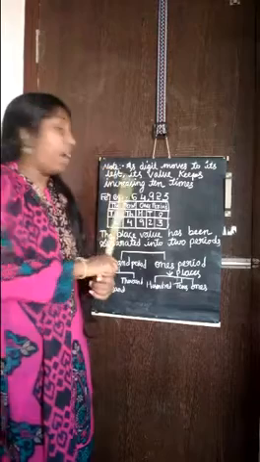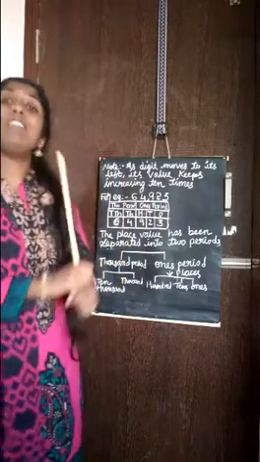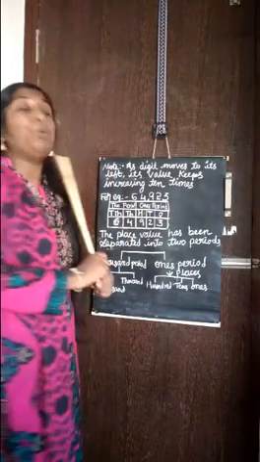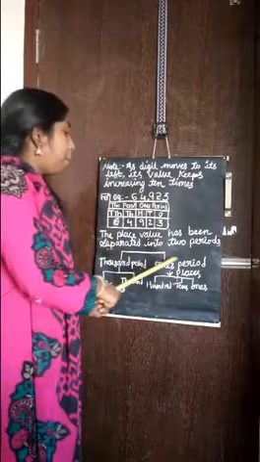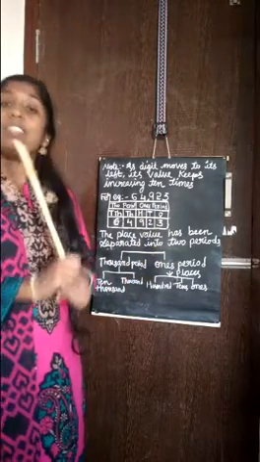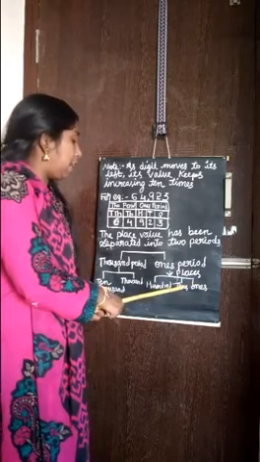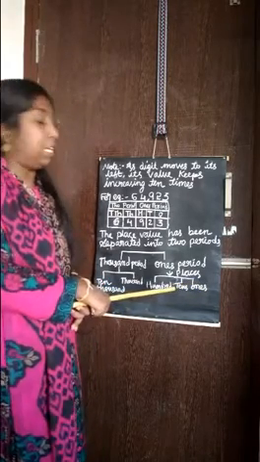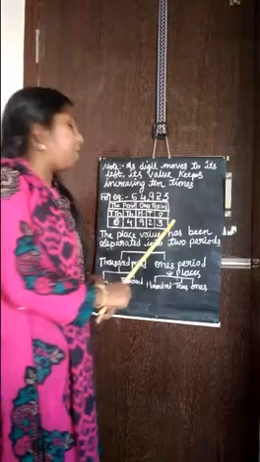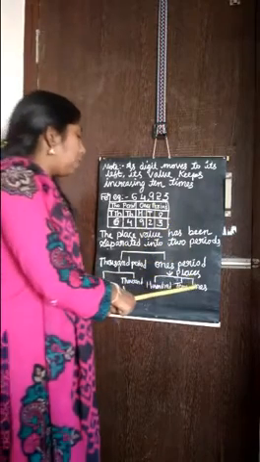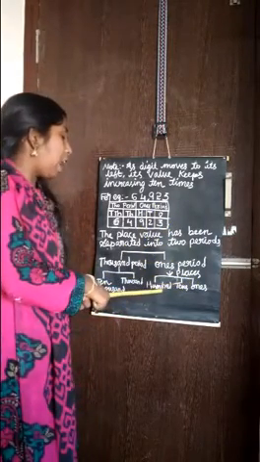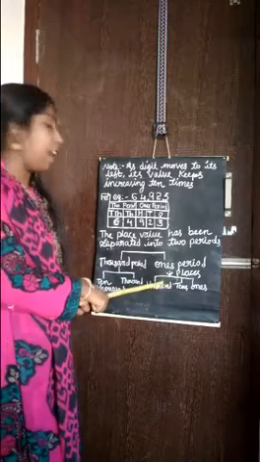Next, ones period is again divided into 3 places. How many places does the ones period have? 3 places. What are the places? Ones, tens and hundreds place. Ones period has ones place, tens place and hundreds place, right?